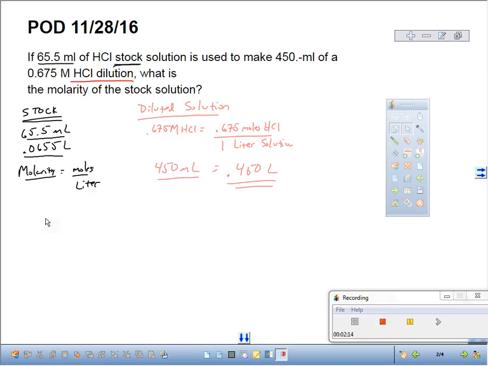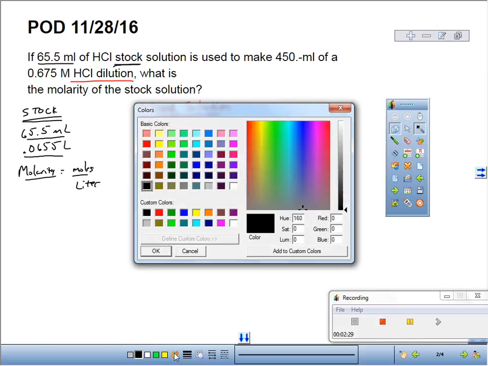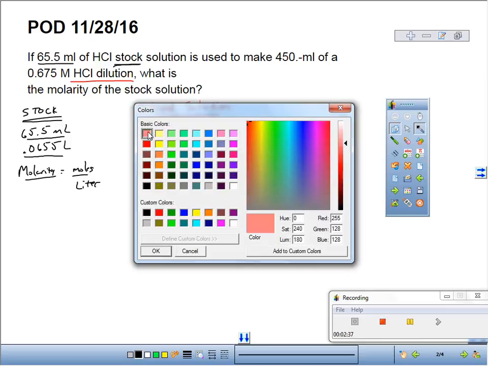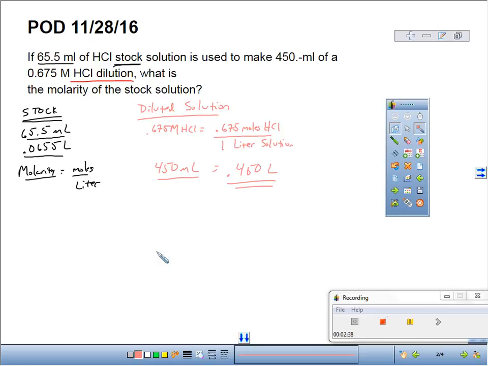Okay. So if we look now at the diluted solution, let's see what information we can get from that. We have that we're going to make up 450 milliliters, and again, molarity is always moles per liter, so I went ahead and said 0.450 liters.